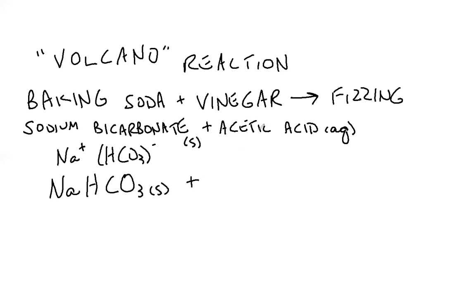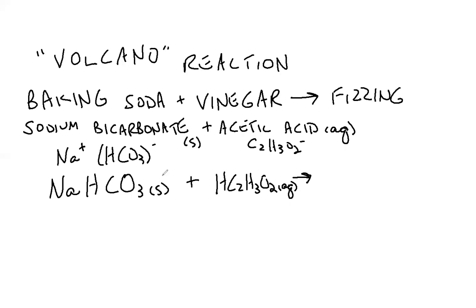So this is an -ic acid, which means that we have the acetate ion. The acetate ion is C2H3O2 with a -1 charge. So we're going to need 1 hydrogen to balance that for our acid. So we get HC2H3O2, and that's aqueous because it's dissolved in water.